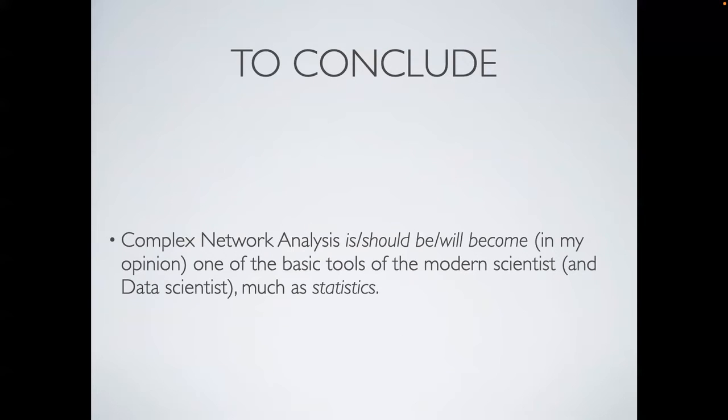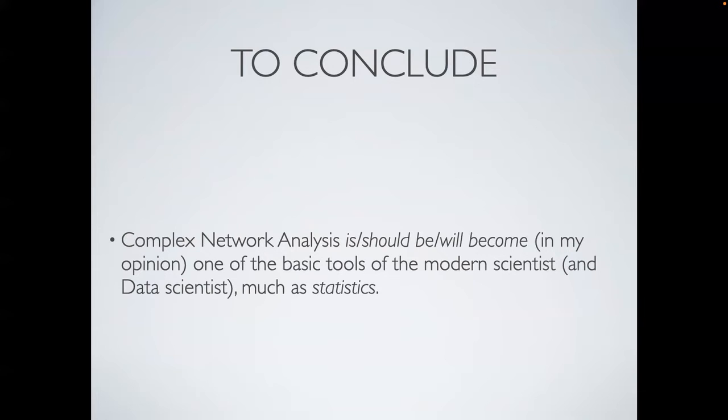So to conclude, in my opinion, of course, it's only my opinion because that's my topic of research, but I think it's not too far from reality. I think complex networks analysis should be, or will become, or is already, I'm not really sure, one of the basic tools of the modern scientist, a little bit like statistics. Whatever field of research you are in, if you work with data, you need to know statistics.